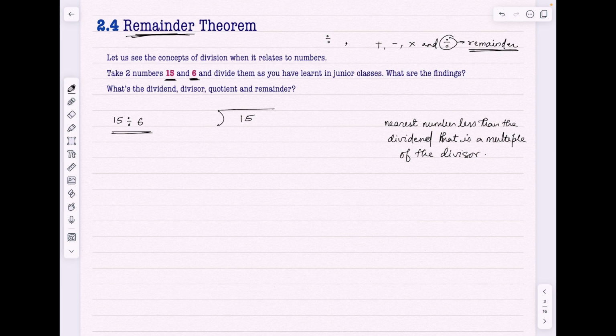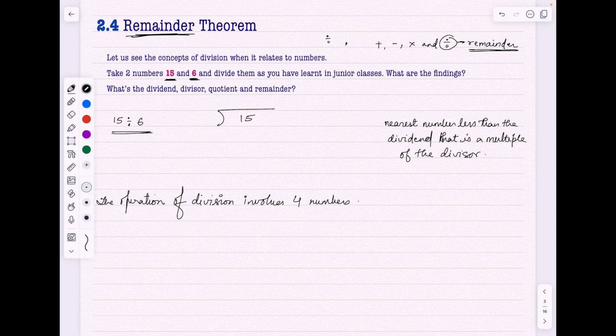We have written here 4 terms. Actually, the operation of division involves 4 numbers. What are those 4 numbers? First one is the dividend.